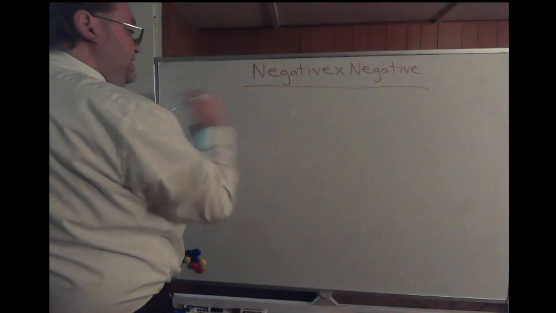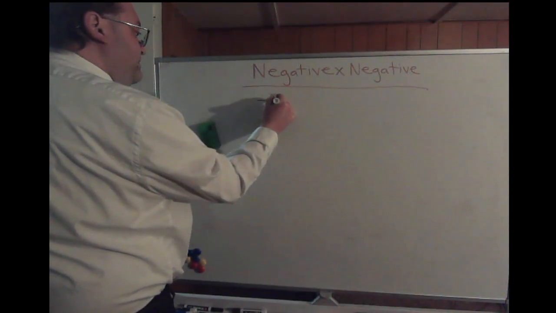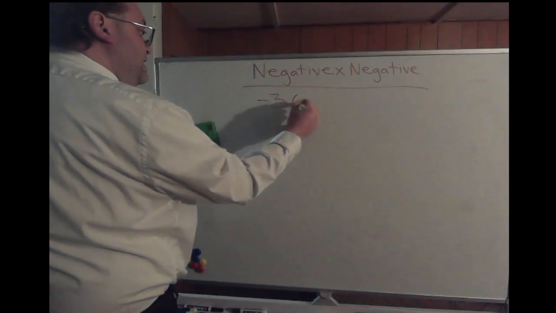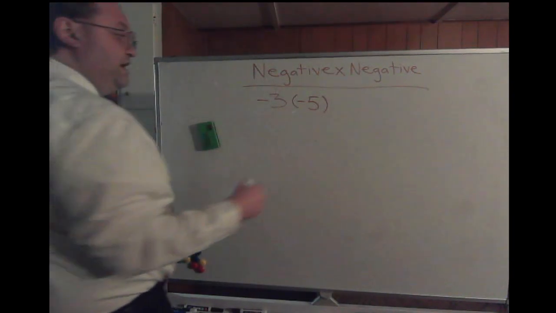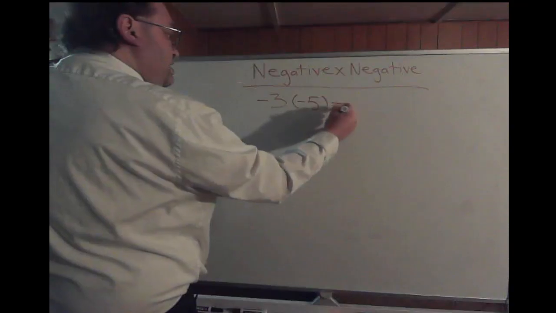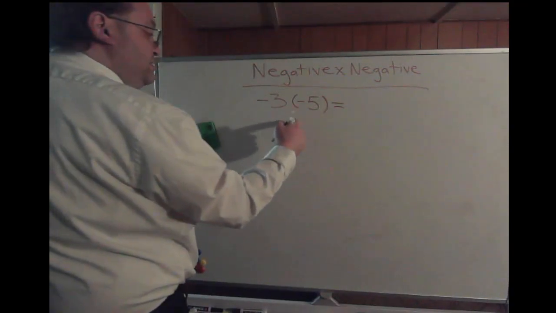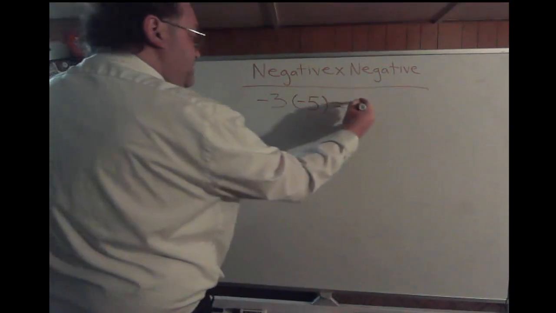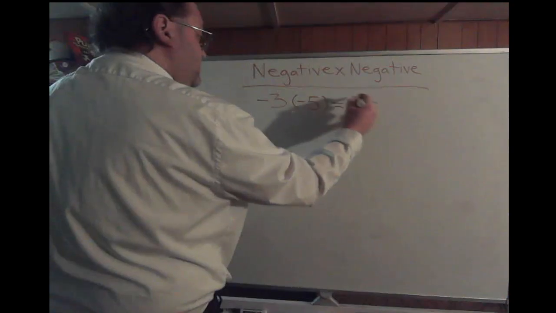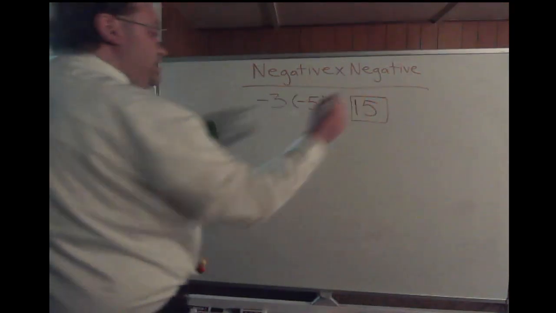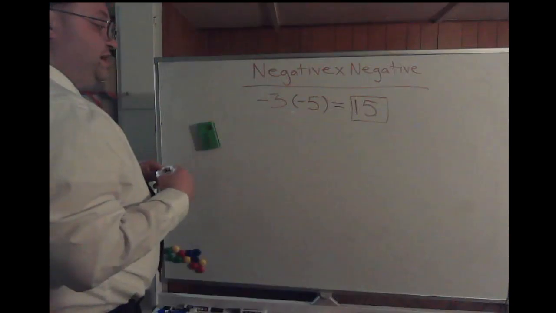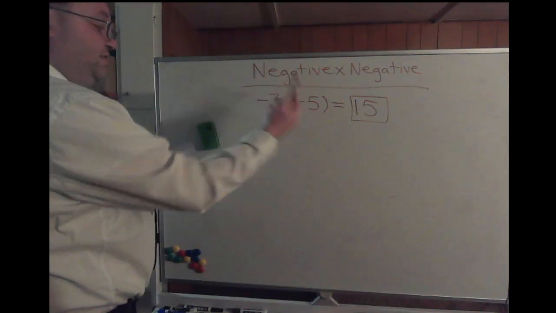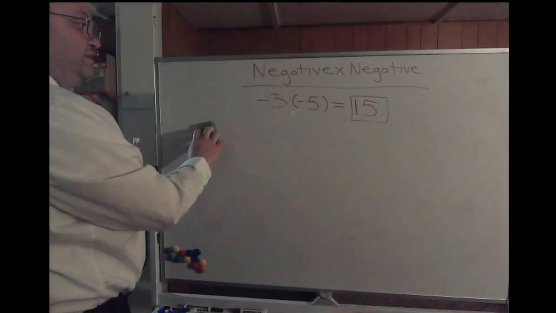So now let's say I have negative 3 times negative 5. Well, a negative times a negative is a positive, and 3 times 5 is, well, 15. So I would get positive 15 for the answer. Negative 3 times negative 5. 3 times 5 is 15. Negative times negative is a positive.